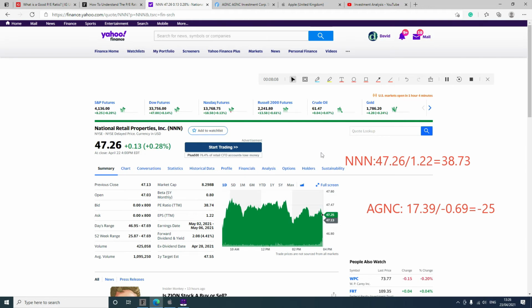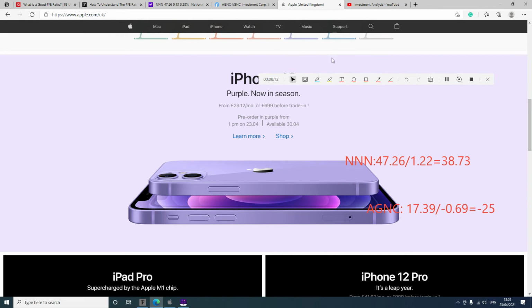For instance, Apple PE ratio. I checked earlier on. Let's have a look. Before we calculate the PE, let's get the price. Apple is selling for 131.94 for now.